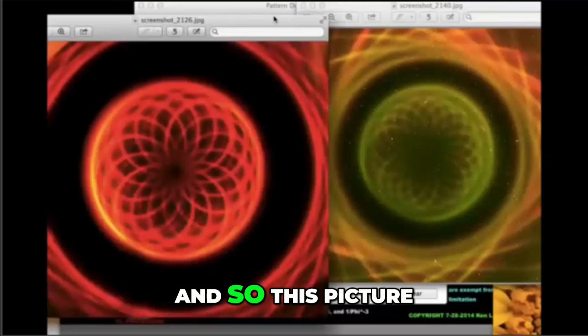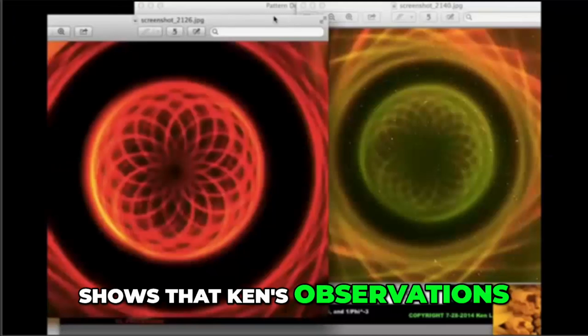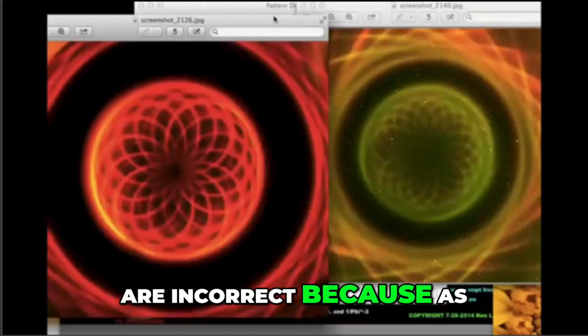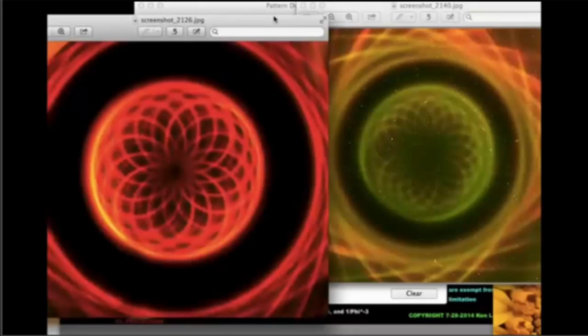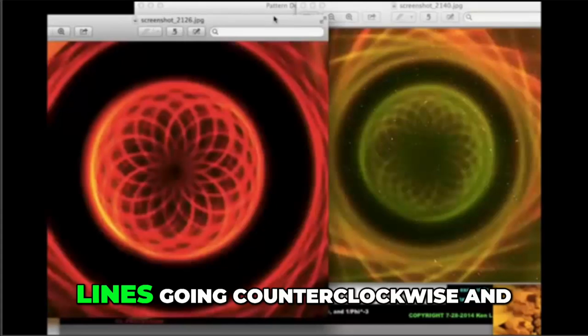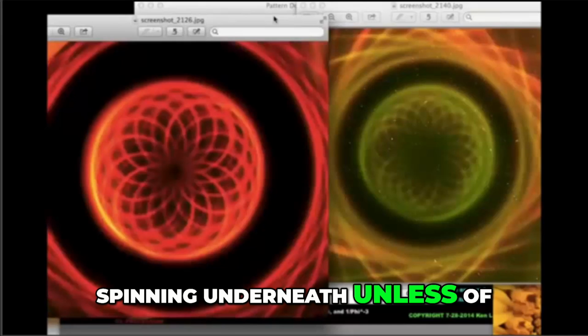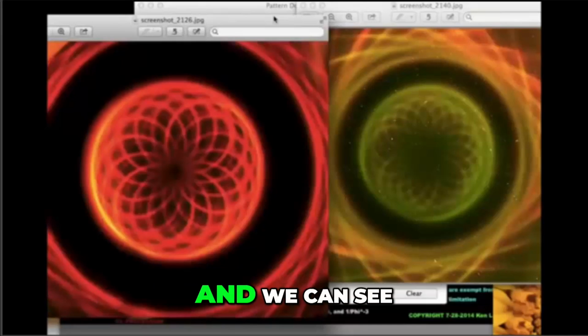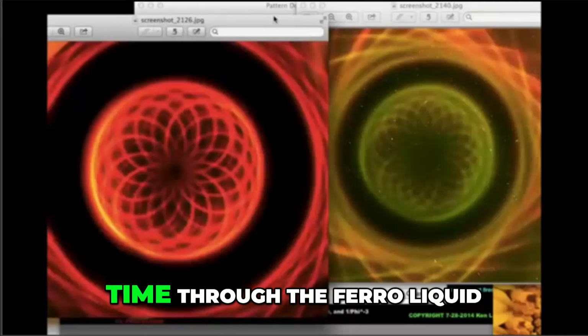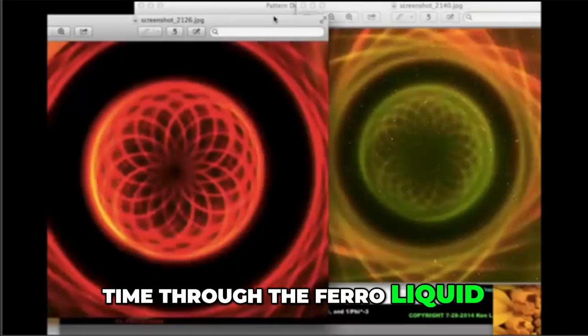And so this picture shows that Ken's observations are incorrect, because as we can see, this is not just lines going counterclockwise and spinning underneath, unless of course it's my mistake and we can see both sides of the magnet at the same time through the ferro liquid.